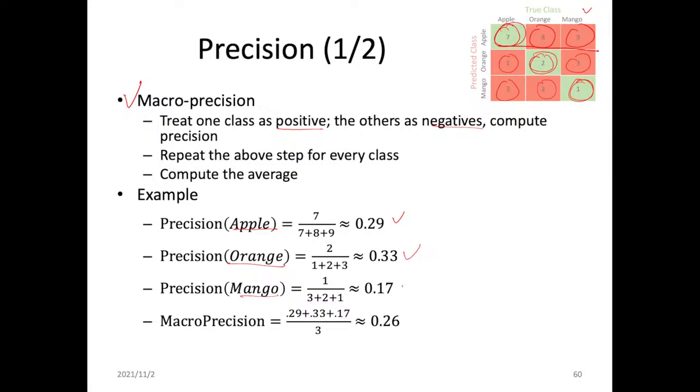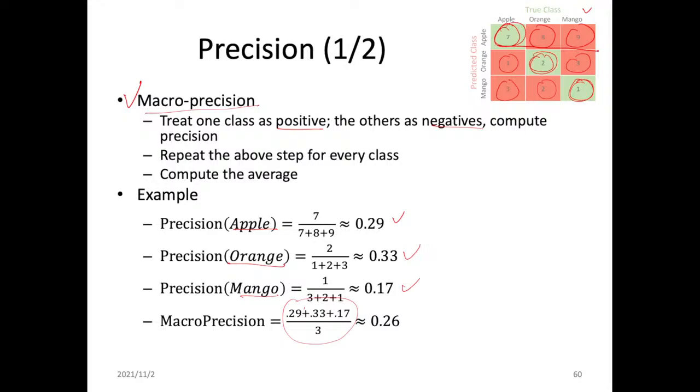So this is the precision. The definition of macro precision is that I just average these 3 as my final result.